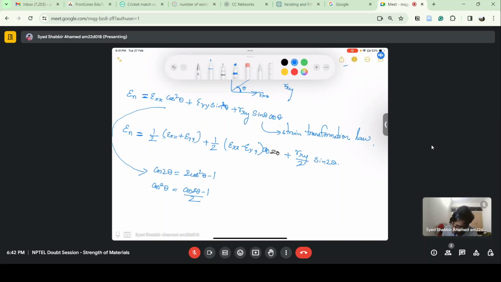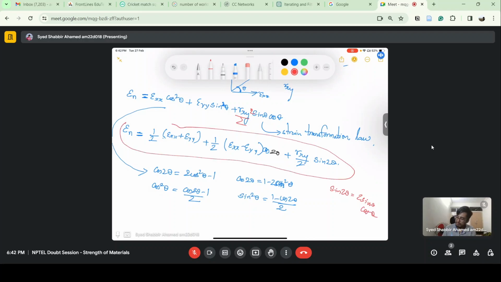Similarly, cos 2 theta can also be written as 1 minus 2 sin square theta, so sin square theta is (1 minus cos 2 theta) by 2. If I substitute these, and multiply and divide by 2, I get 2 sin theta cos theta. Sin 2 theta is equal to 2 sin theta cos theta. That's how I get this.